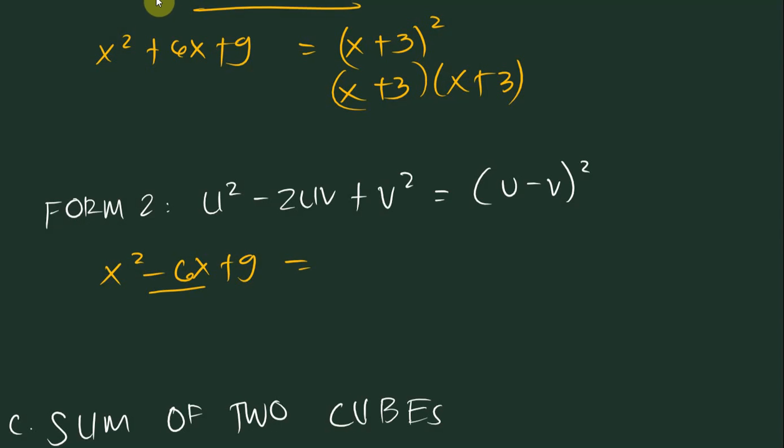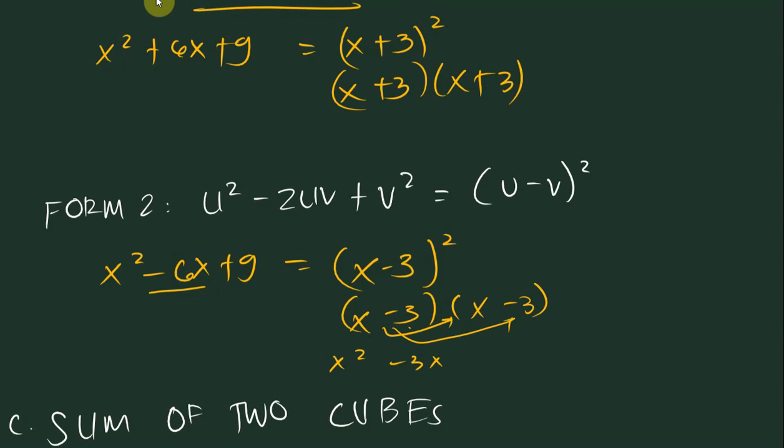So our factors are x minus 3 squared, which can be written as x minus 3 times x minus 3. If we perform this, that is x squared, and then negative 3x, and then negative 3x, and then 9, which is equal to x squared minus 6x plus 9, exactly the given.